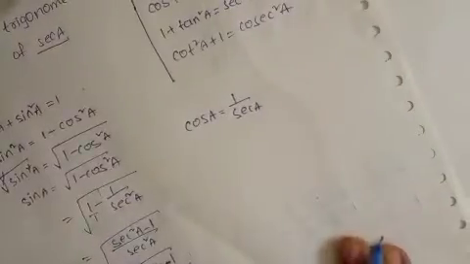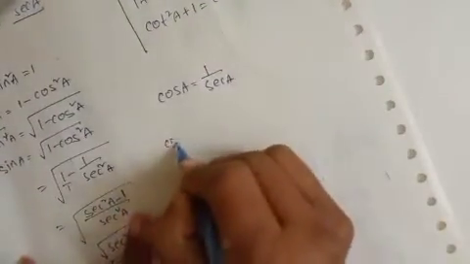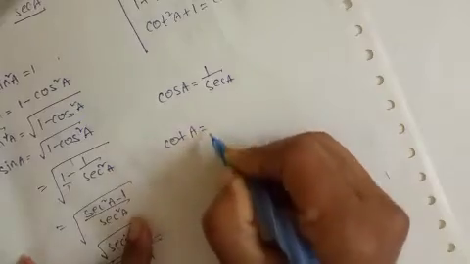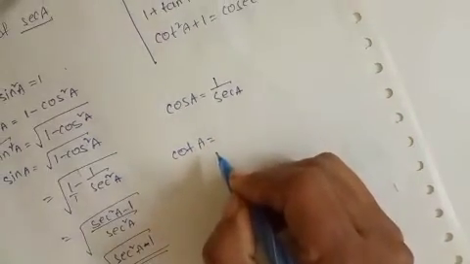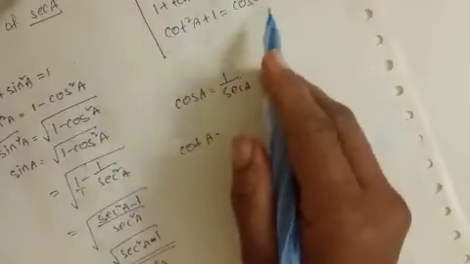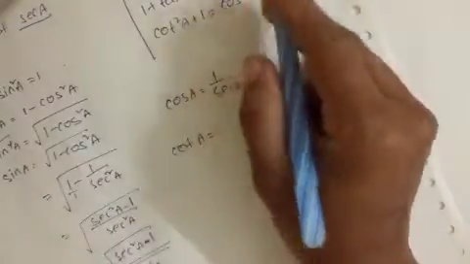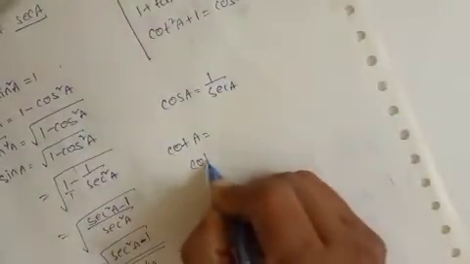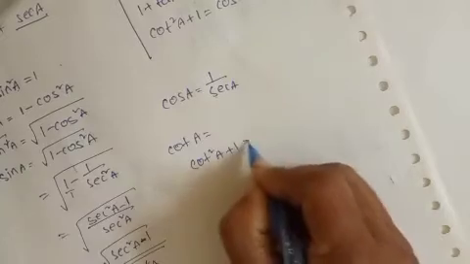Next, the cot A value. How do we find cot A from the trigonometric identities?